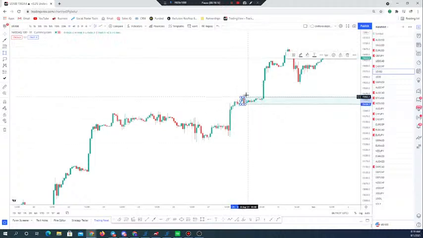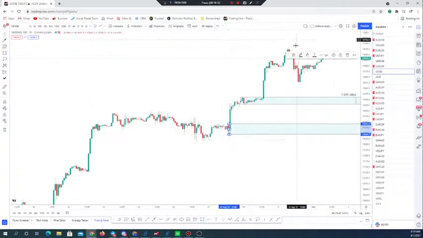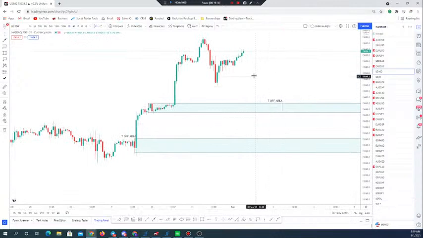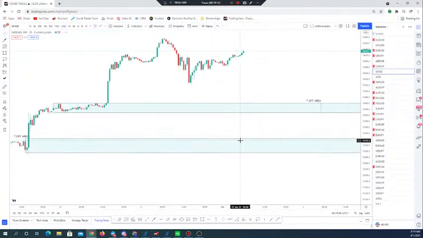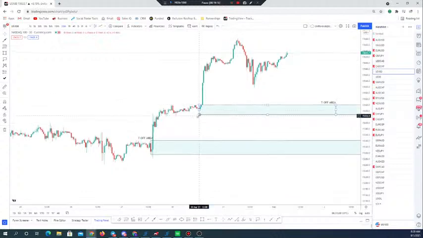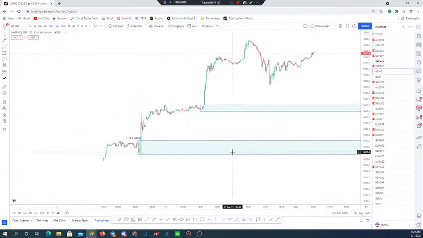So I'll probably look at this area here, and also this area here, which is more probable. Sorry, I'd look at these two and swing it deeper into price. Just bring it closer to these levels here. That one is completely out now.